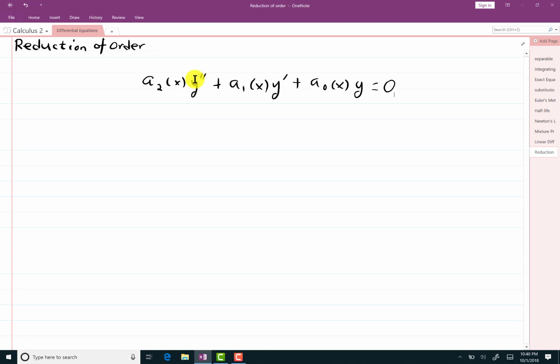but they will be of second order. Well, the first thing that you'll do, we'll assume that this a sub 2 is not equal to 0. So we'll say a sub 2 of x does not equal 0. So the first thing we're going to do is divide by that. And if we divide everything by a sub 2, we get an equation like this.